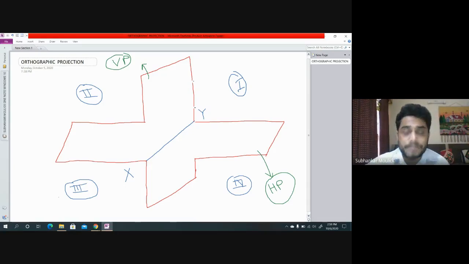Similarly, if any object is placed in the fourth quadrant, you say it is the fourth angle projection method. Either you say above HP in front of VP, above HP behind VP, or you say first angle projection, second angle projection, third angle projection, or fourth angle projection. Is it clear to all of you? Any doubt so far?